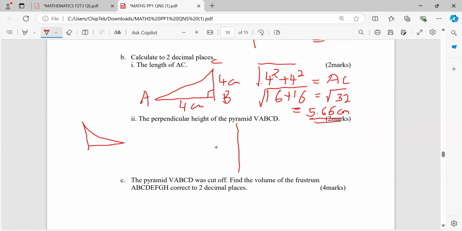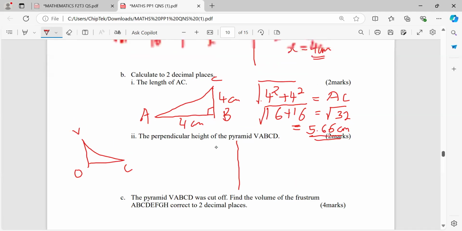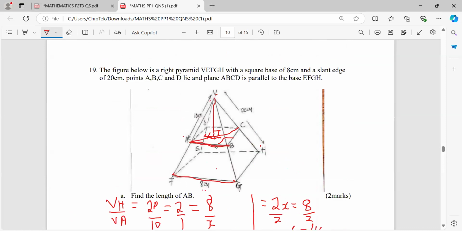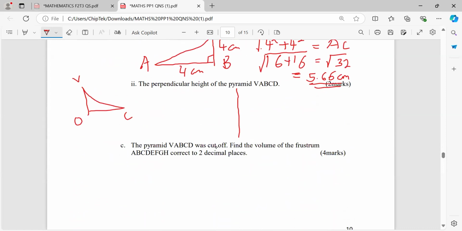So hapa ni V O C, hiyo O nimeweka kama center, so VC tayari hapo wajua ni 10, right?